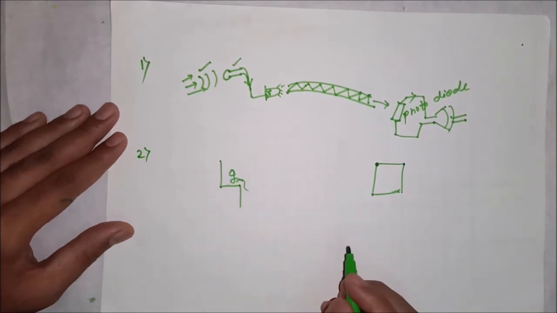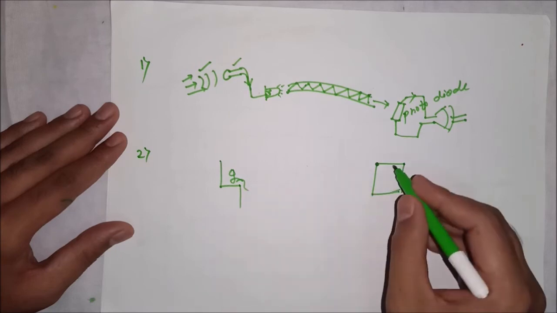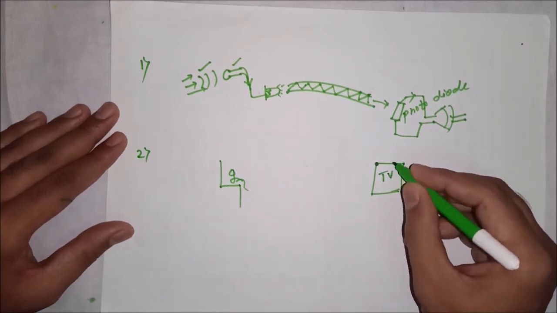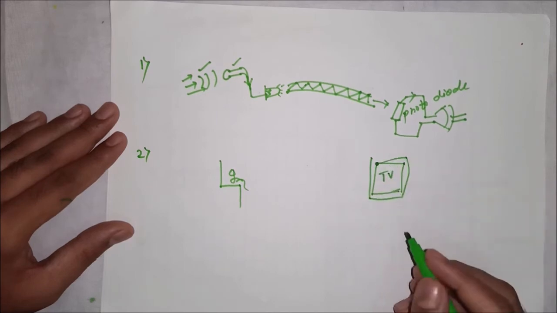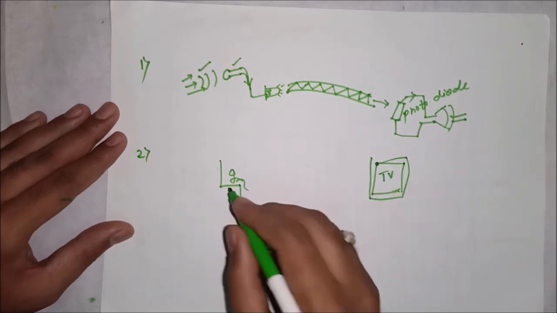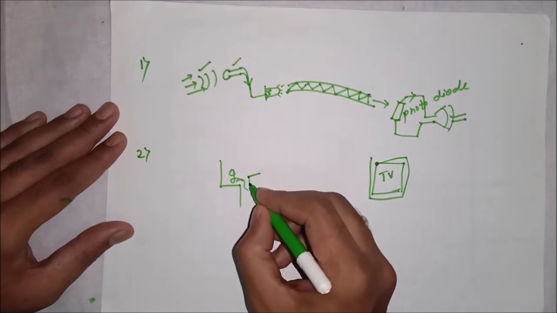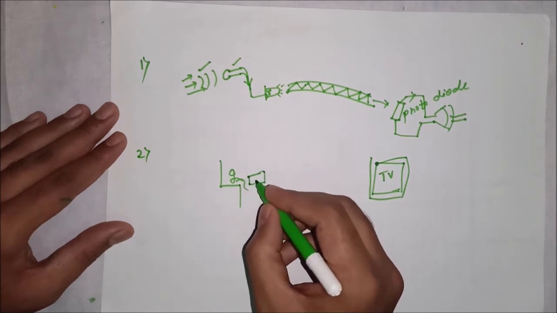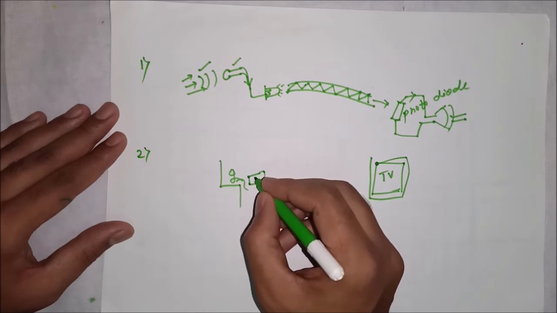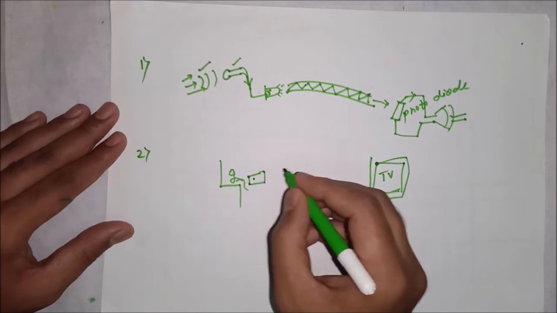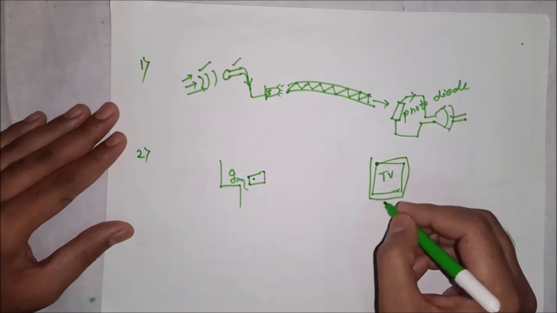Now I want to change the channel on the TV. How to change the channel? By sitting here, what do I have to do? I have to use the remote. Right? This is the remote. I have to press some button over here. Then there is a change in channel.